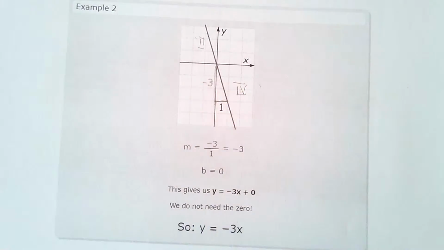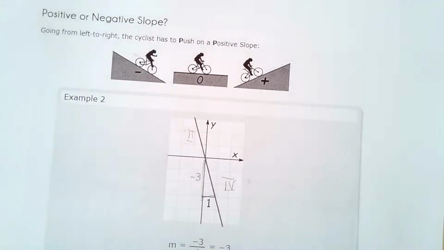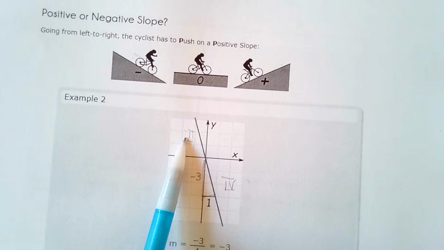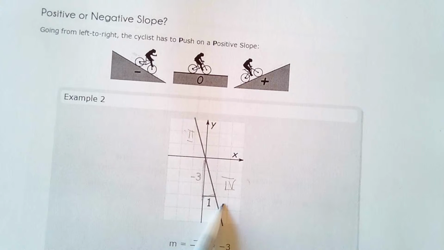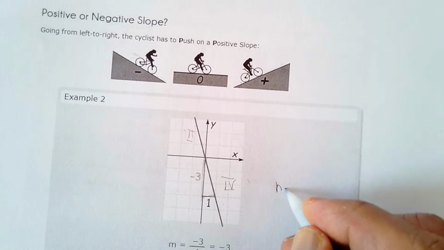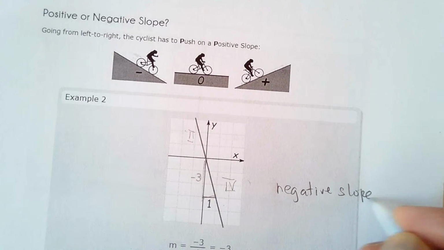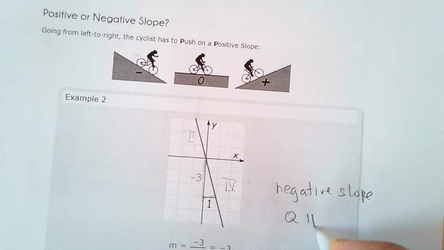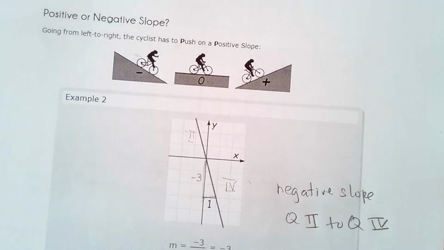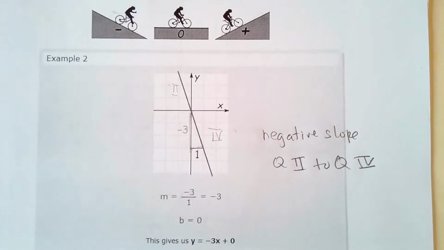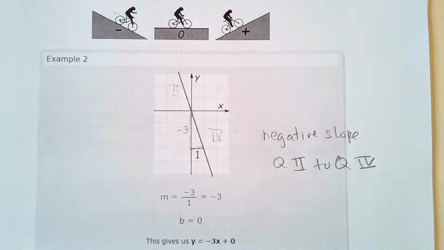So if you have a line that is from quadrant 2 to quadrant 4, it's a negative slope. Quadrant 2 to quadrant 4. And you indicate it by a negative sign.